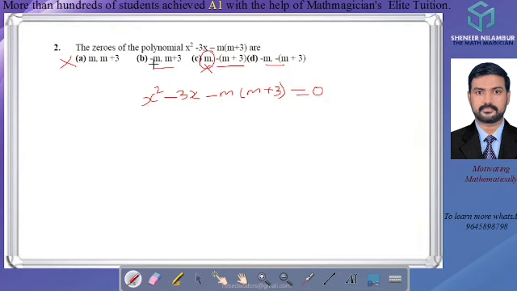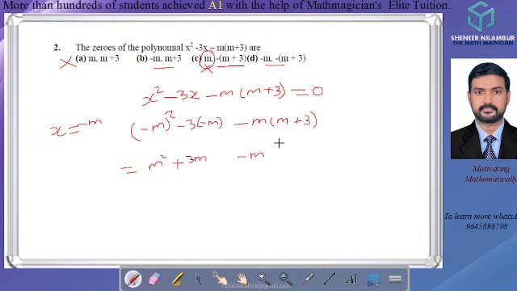Now we can check whether minus m is the solution or not. When x is equal to minus m, if the polynomial becomes 0, it will be a zero of the polynomial. So in the place of x we are giving minus m: minus m whole square minus 3 into minus m, minus of m into m plus 3. When we square minus m, the answer will be m square. Minus into minus will be plus 3m.